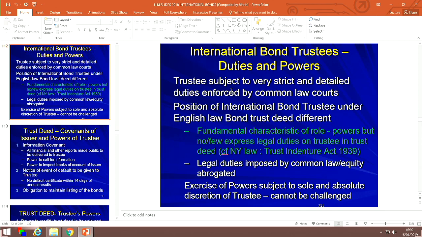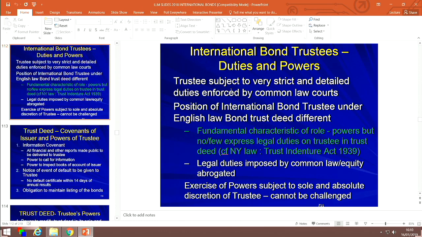Now, in legal theory, I shouldn't say legal theory because it's in real law. In all areas other than international bonds and international finance, when trustees are appointed, they are subject to extremely strict and detailed duties imposed by the law and enforced by the courts.